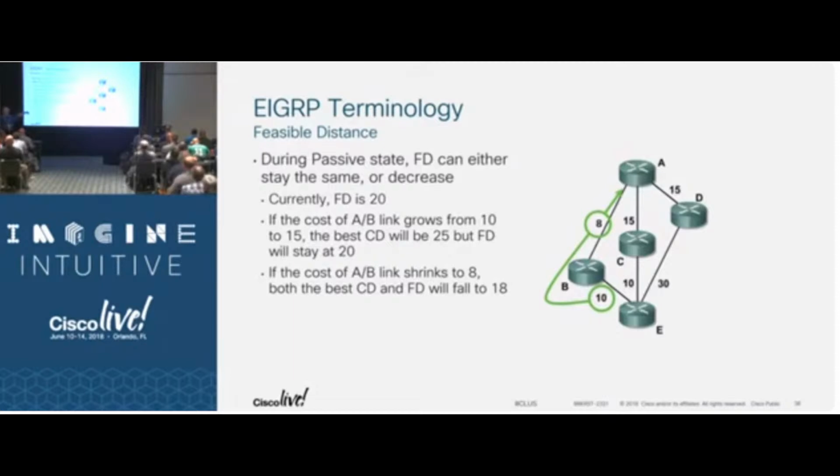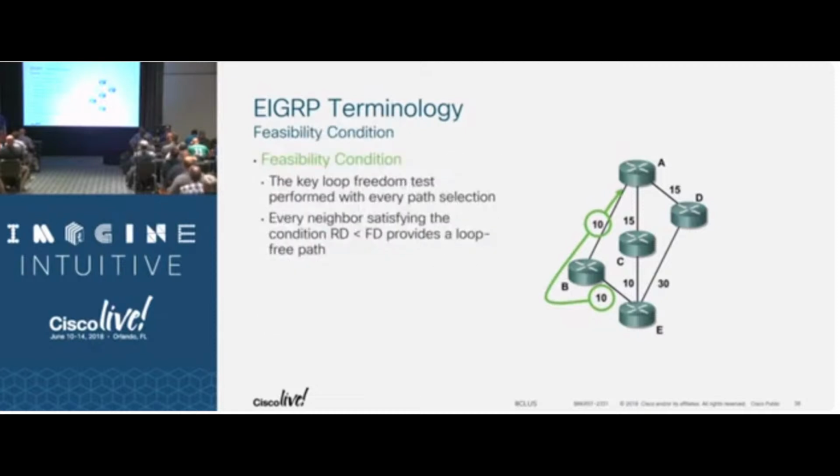If that link went back to the original cost of 10, I would be back at the situation I was at in the beginning, the distance of 20, but the feasible distance would remain at 18. So that's why I said it depends on what the history looks like. The only way for the feasible distance to increase is to go active and ask your neighbors. That's the only way we can increase the feasible distance.